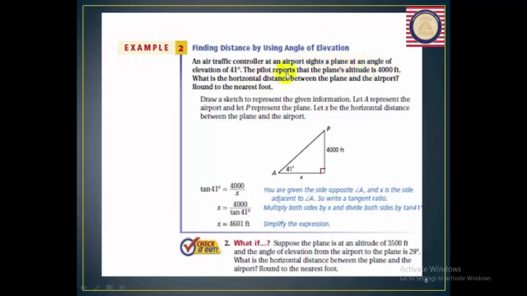The pilot reports that the plane's altitude is 4,000 feet. Altitude here means the height. What is the horizontal distance between the plane and the airport? Round to the nearest foot.